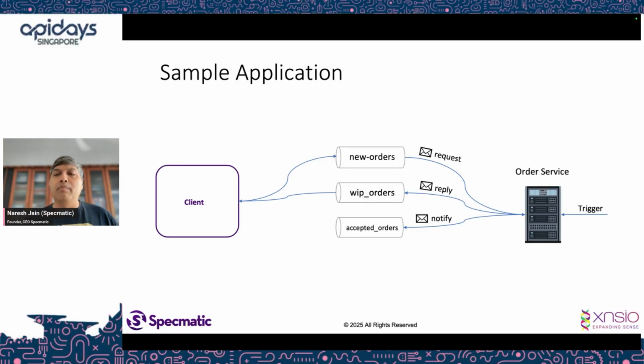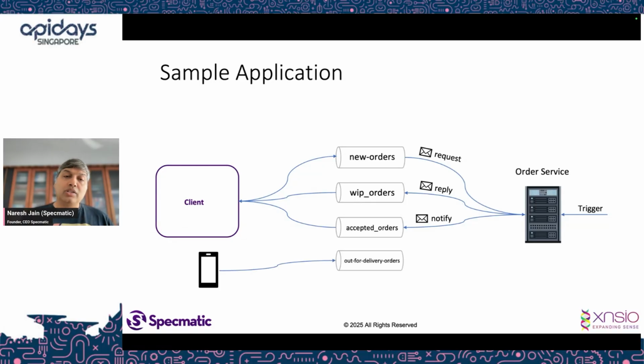So through any one mechanism, once the order service knows, it would notify all the consumers. That could be the actual client itself in this case. It could be a shipping application that wants to know that yes, this order is ready to be shipped. So they would put a message on, let's say, an accepted orders topic. What else could happen?